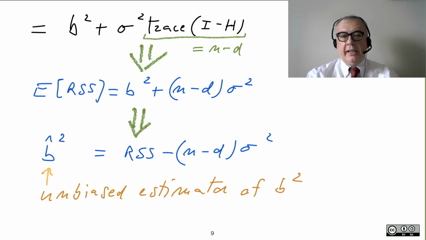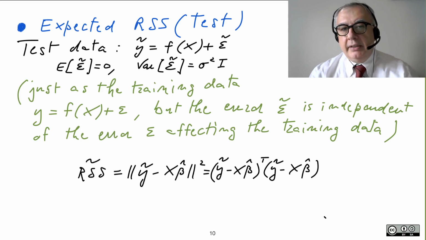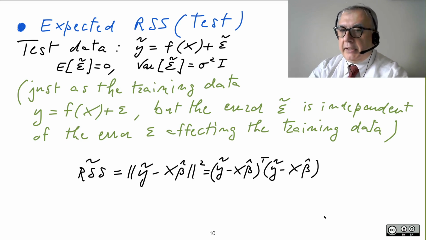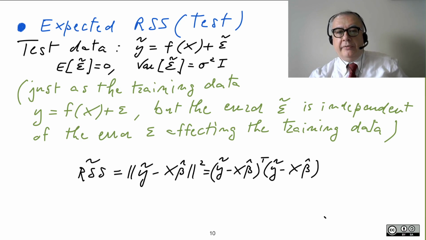We have an estimate for the squared bias, but as a matter of fact, we are interested in the RSS on test data, because this is what is telling me the real performance of my regression function. And how are the test data structured? Well, we assume that the test data have this structure.